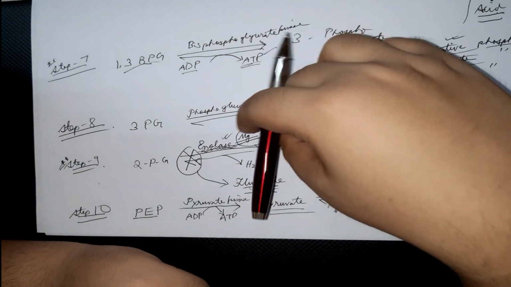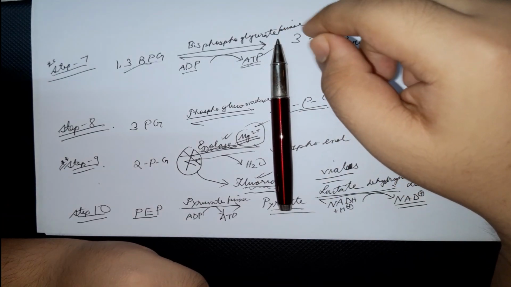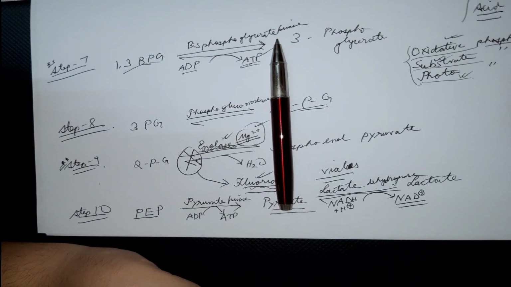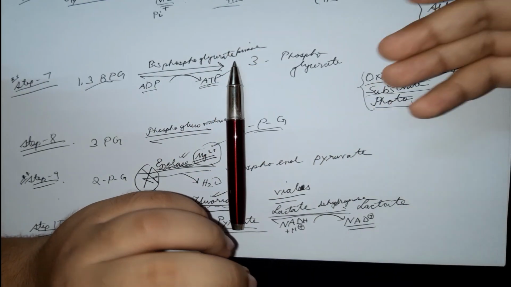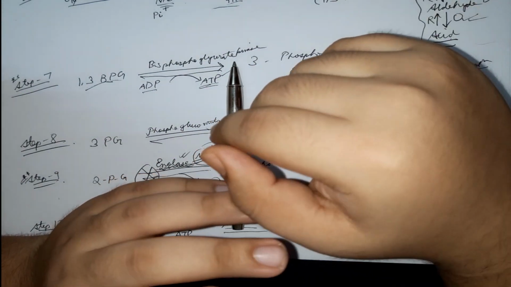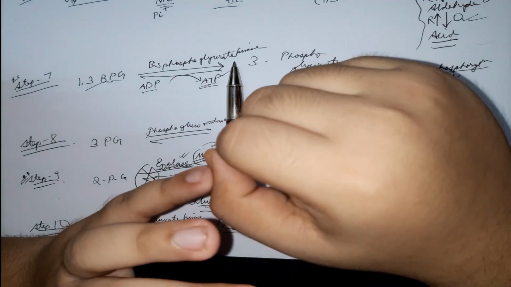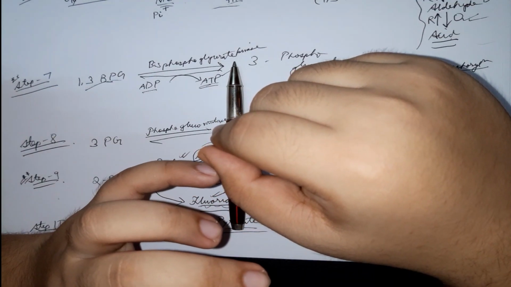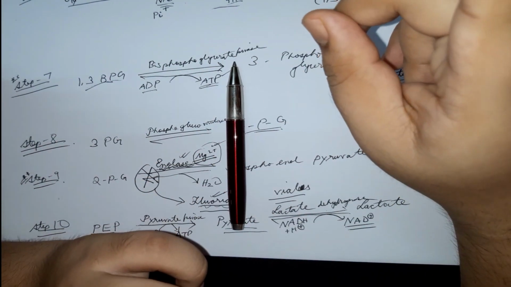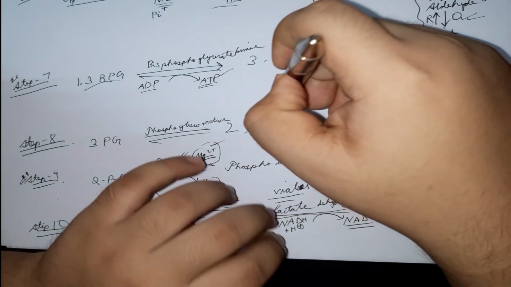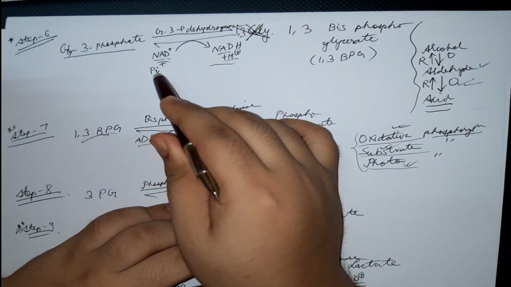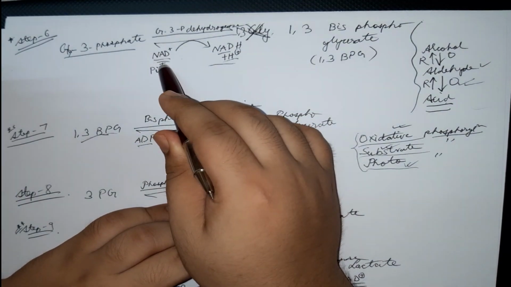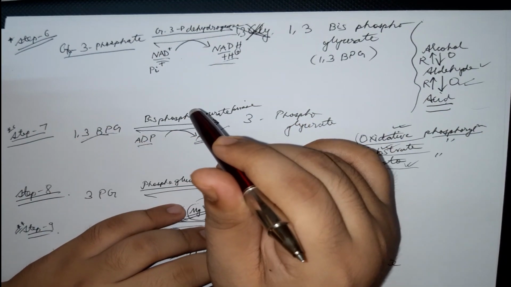There is a very important significance of this step. Not only is the fact that this happens in fast working muscles and lactate accumulates, which we'll talk about shortly, but also the fact that we already saw NAD plus is very much required for glycolysis.